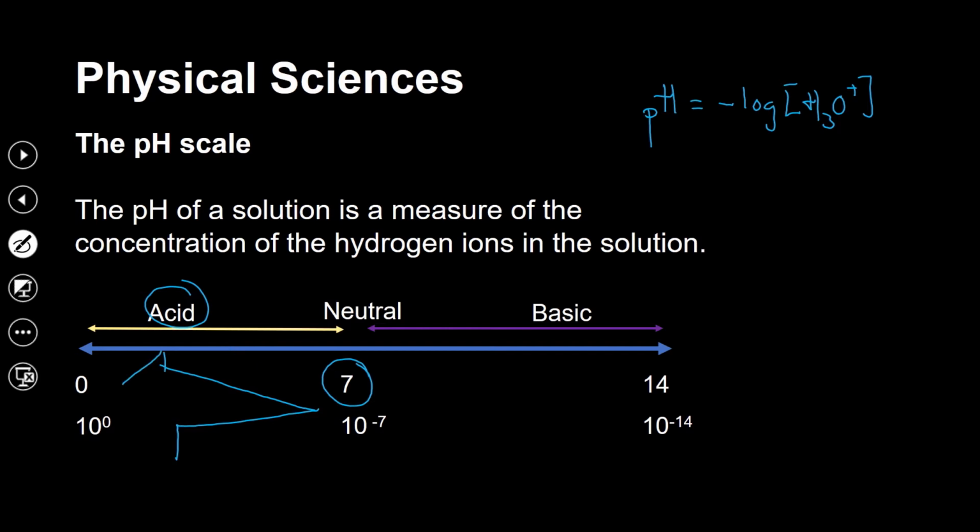A substance whose pH is closer to 0 is a stronger acid, while a substance whose pH value is closer to 14 is a stronger base. It's more basic, while 7 is neutral. So that's our pH scale.